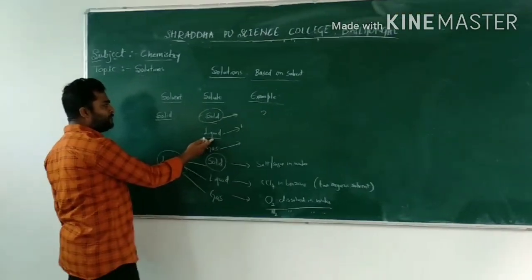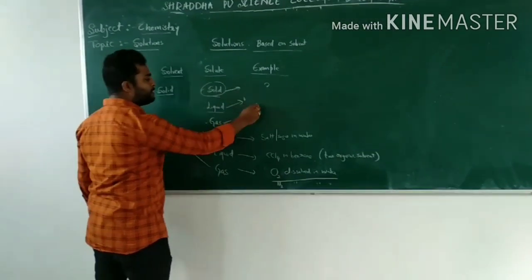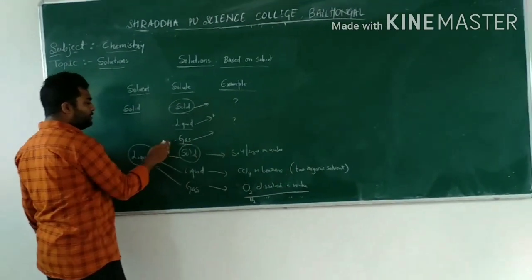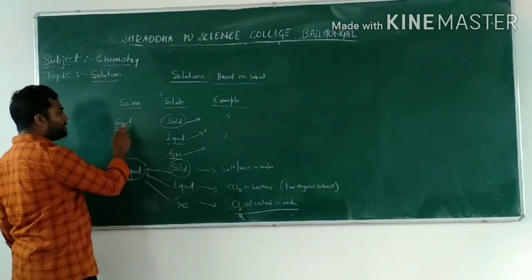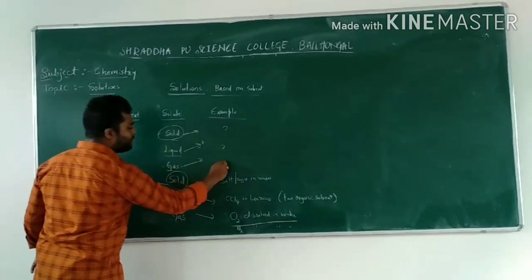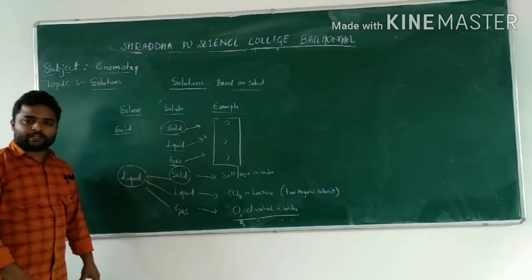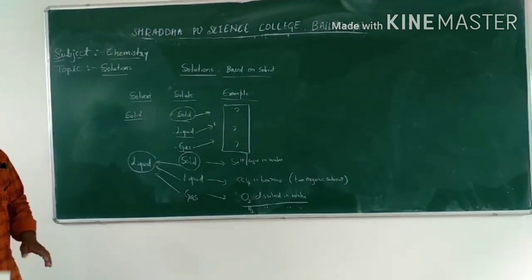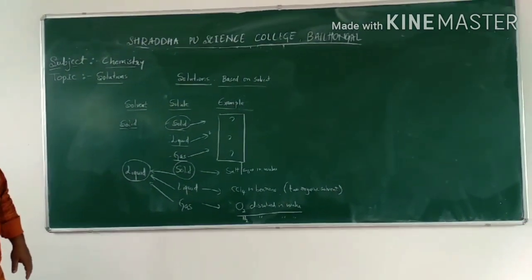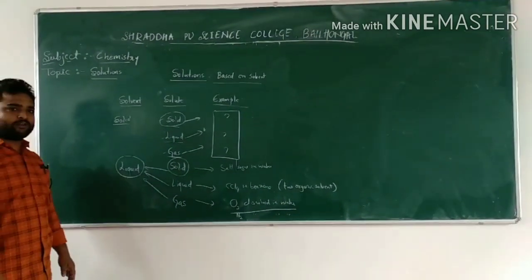When liquid is solute and solvent is solid, give an example. When you have gas as solute and solid as the solvent, give an example. So let us find out the examples. You can use your textbooks, or you can use any social media or internet sources to find the answer.